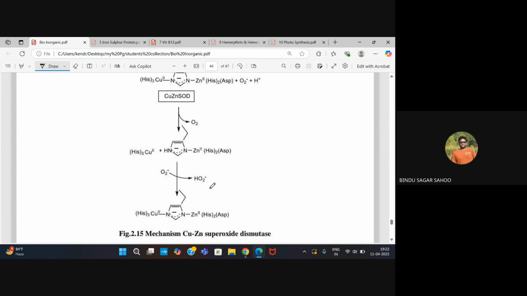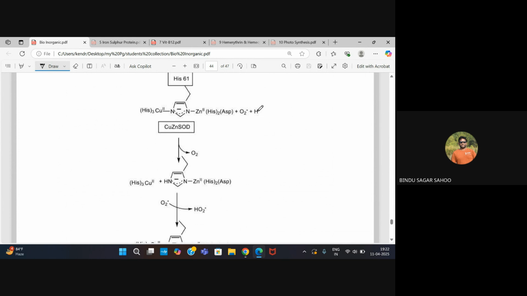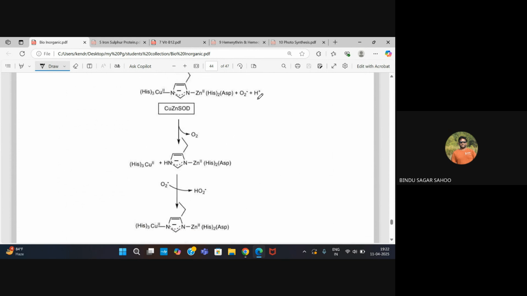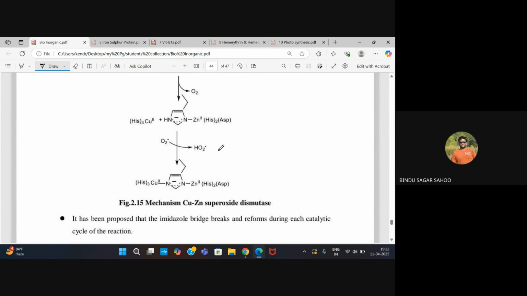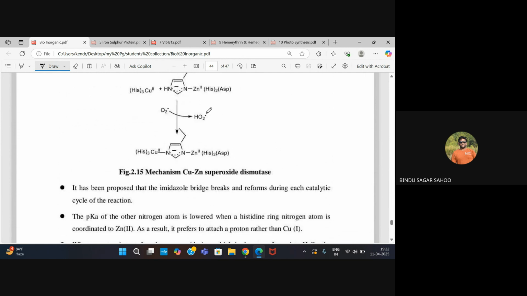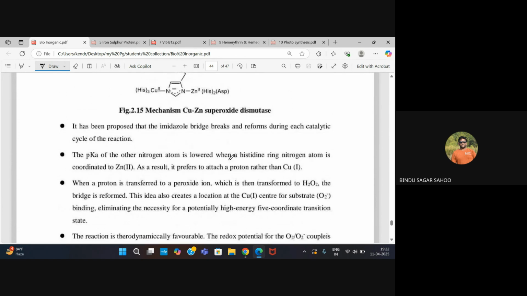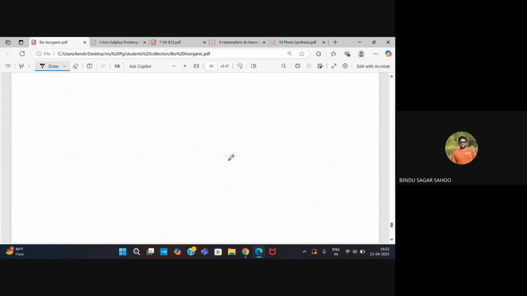In the next step, this HO2 minus abstracts or adds another hydrogen atom from this one, the hydrogen atom regeneration level, and gets converted to H2O2, hydrogen peroxide. This is one of the most important enzymes, copper zinc superoxide dismutase.